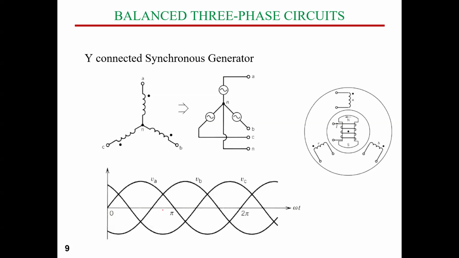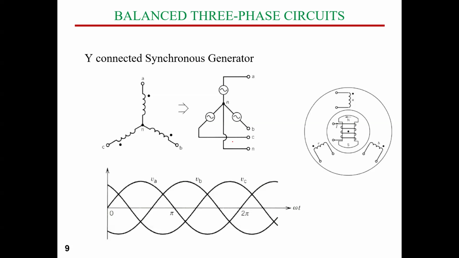So for any three phase machine, we consider that the three phases of the machine are balanced. Balanced means the three phases have the same impedance and absorb the same amount of current with a phase shift of 120 degrees. Okay, so this is the meaning of a balanced three phase system.